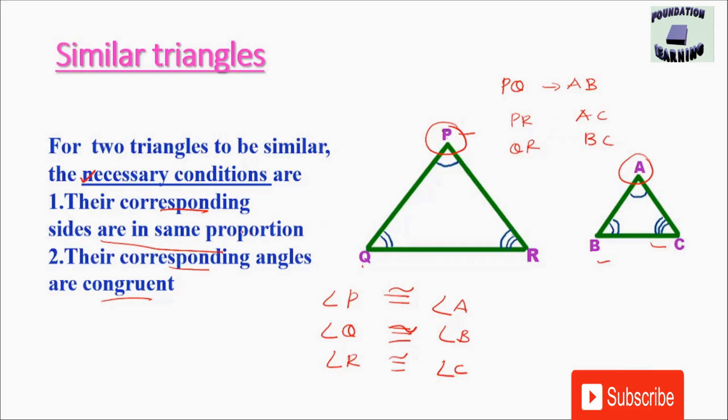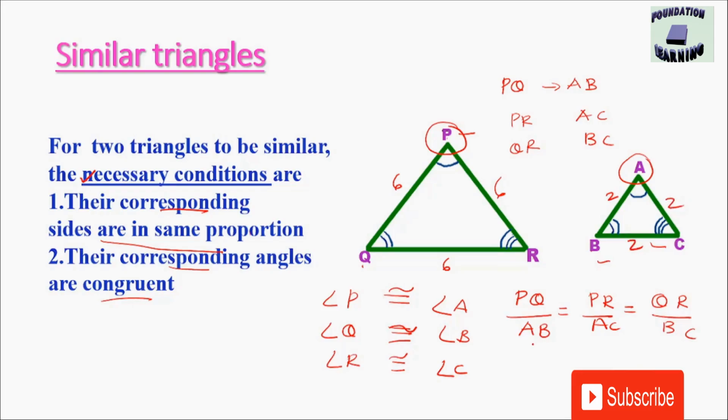Now for it, the necessary condition is that they should be in the same proportion. That means PQ is to AB should be equal to PR is to AC, which should be equal to QR is to BC. I'll give you an example. Suppose the sides of one triangle have length 6 each, and here you have 2 each.